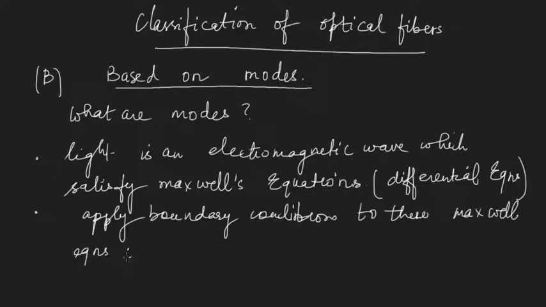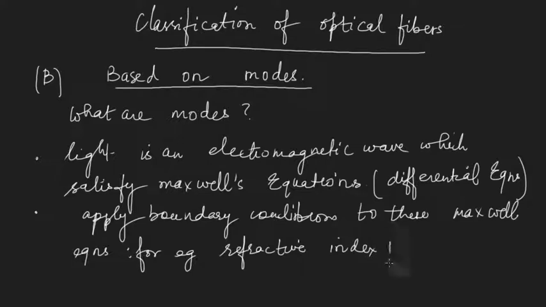now what can be our boundary conditions for an optical fiber? For example, the refractive index profile we can take as a boundary condition, that for the core, how is the refractive index, for the clad, how is the refractive index.